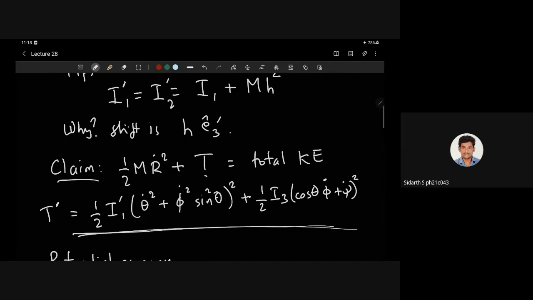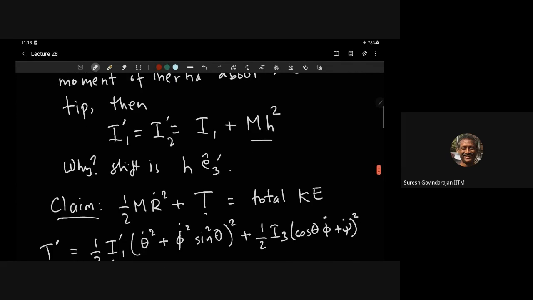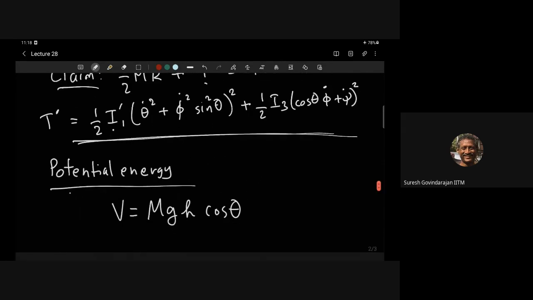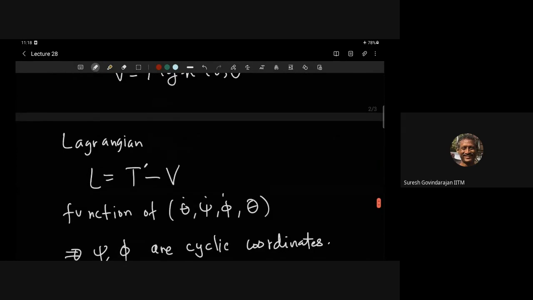I have replaced I1 with I1 prime. It's a claim which you have to prove. It is not very hard, but you just have to sit down and define things properly, and then you will see.